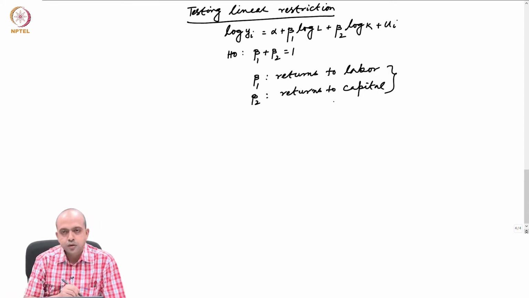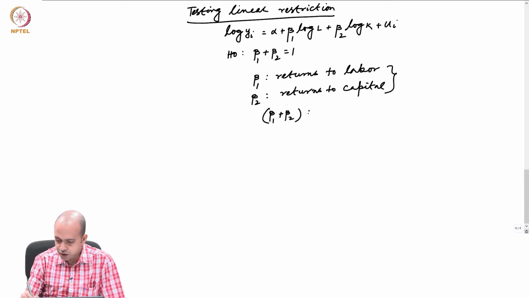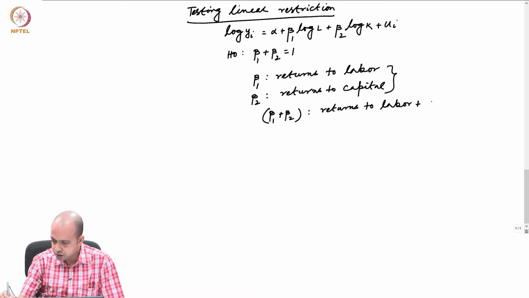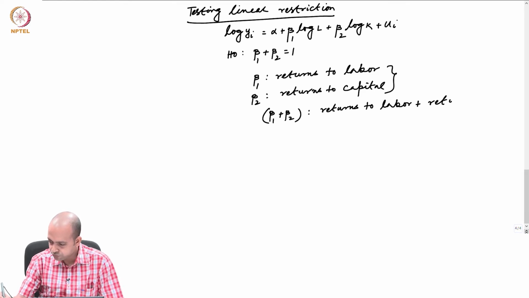And if you take the summation of these two, beta 1 plus beta 2, that means returns to labor plus returns to capital.